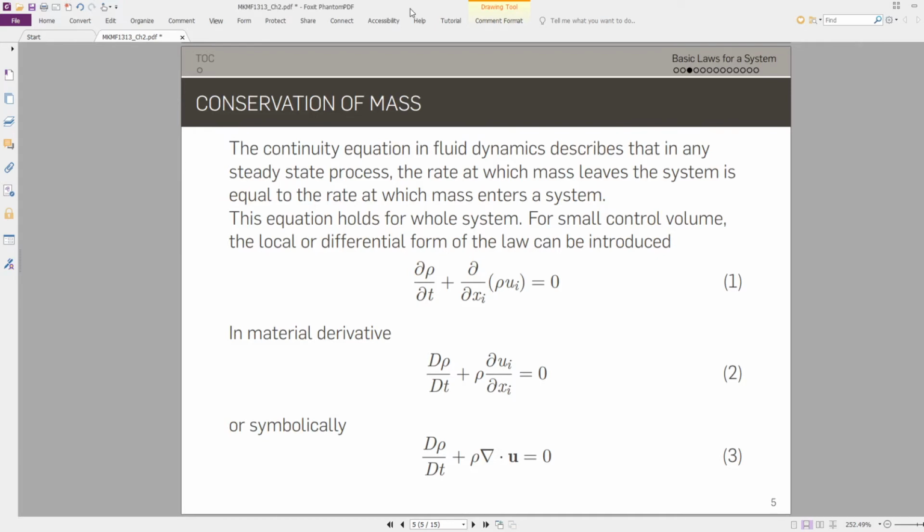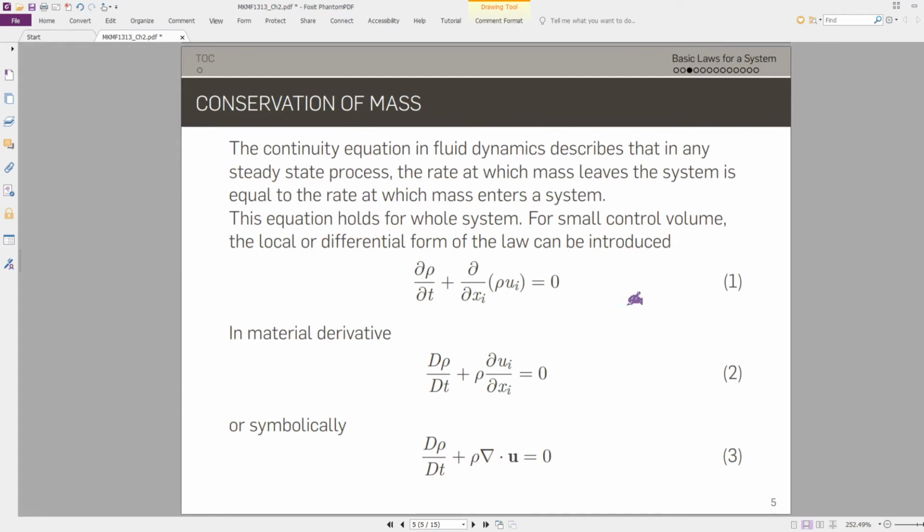So the conservation of mass or continuity equation in fluid dynamics describes that in any steady state process, the rate at which the mass leaves the system is equal to the rate at which the mass enters the system.